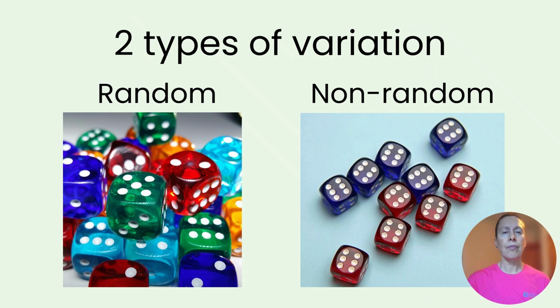So, returning to DICE, we've got these two different types of variation: random variation due to chance, which is in everything, and non-random variation when something special is going on, and we need to look at the data to work out if there is something non-random, something special going on.